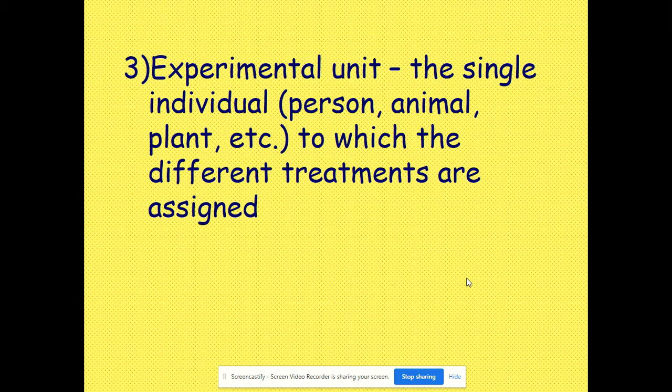I'll explain that. The majority of the time, an experimental unit is going to be super easy and you know exactly what it is. So what is my experimental unit in this scenario? The rabbits. That's the smallest unit to which I apply the treatment.